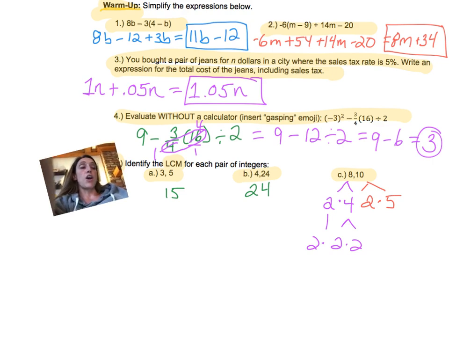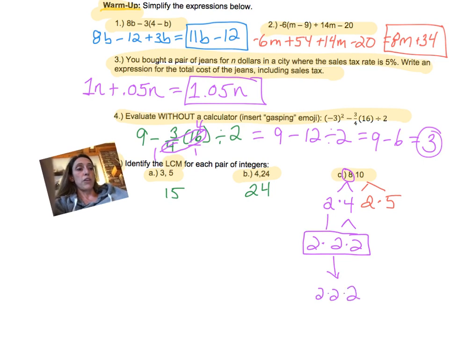To find the least common multiple using factor trees, it's pretty easy. All I'm going to do is copy down all of the factors from the item on the left. So if I look here, 8 is on the left. All of the factors that made 8 are right there, 2 times 2 times 2. So I copy those down.